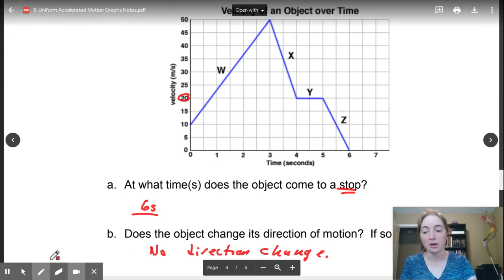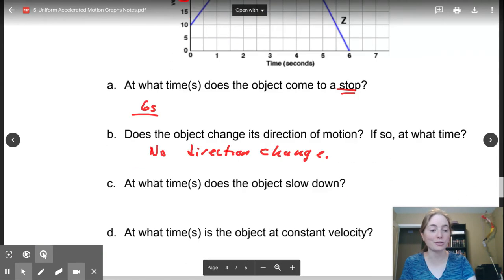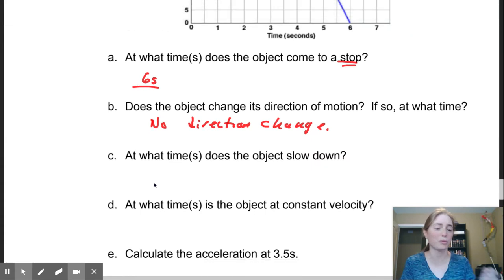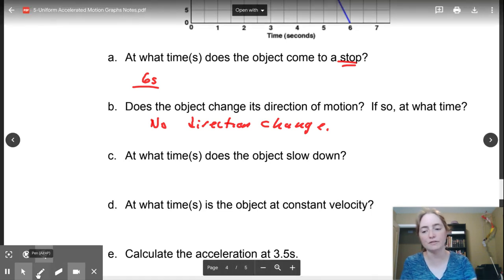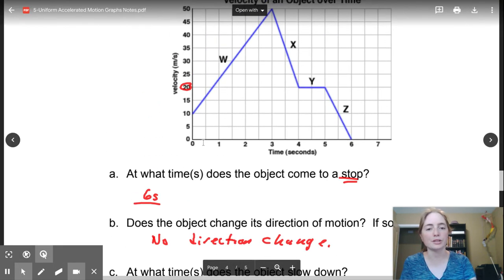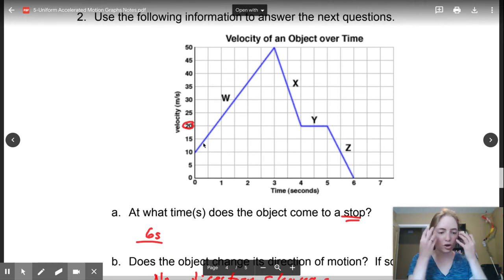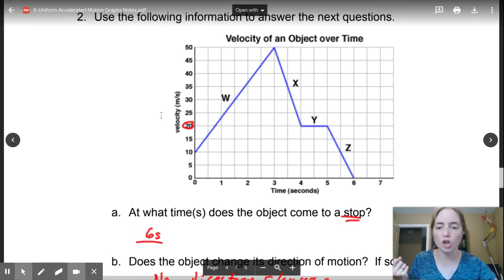We talked about that in the previous graphing video, so that's super important. Watch for that. Think about your velocity time stuff. Think in the concept of velocity. At what times is the object at constant velocity? So let's come back up to our graph, and we're thinking constant velocity, velocity time.